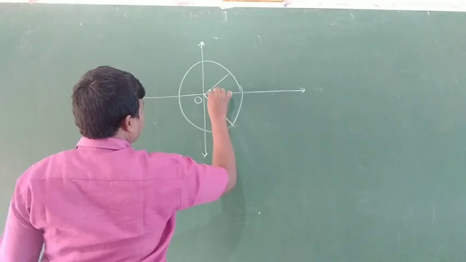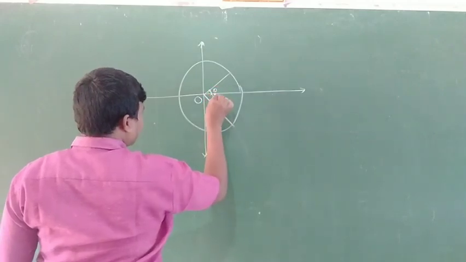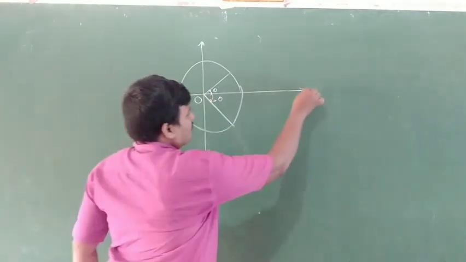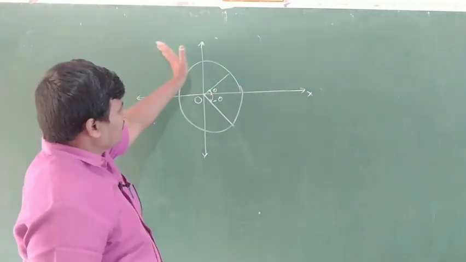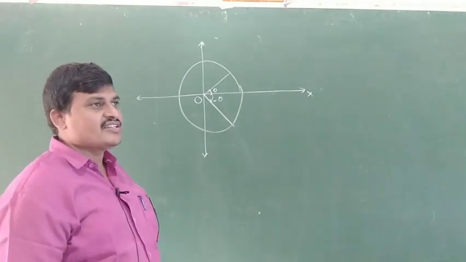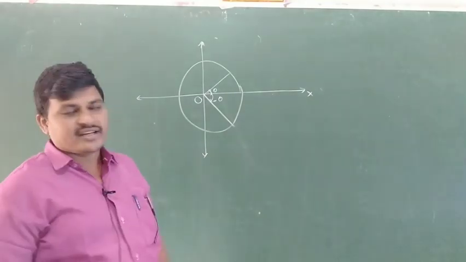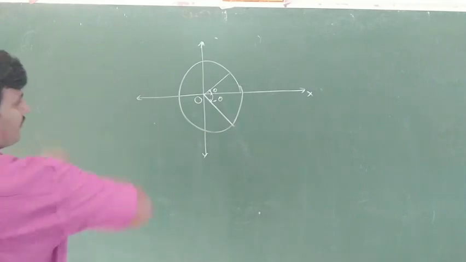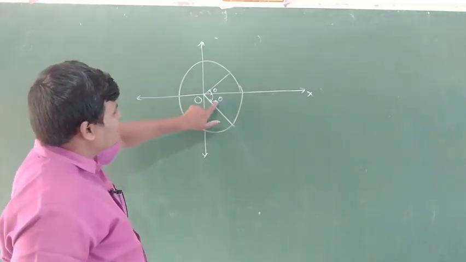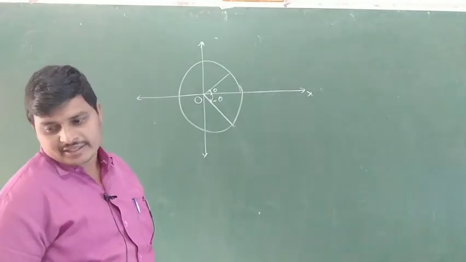This is the positive angle theta. This is the negative angle minus theta. This is up. This is the anti-clockwise direction. Clockwise direction is left to right. Anti-clockwise is right to left. This is a positive angle, x to y. This is minus theta, the negative angle.